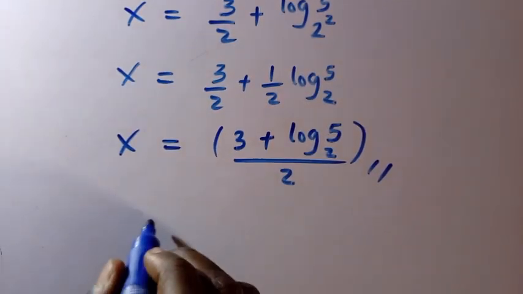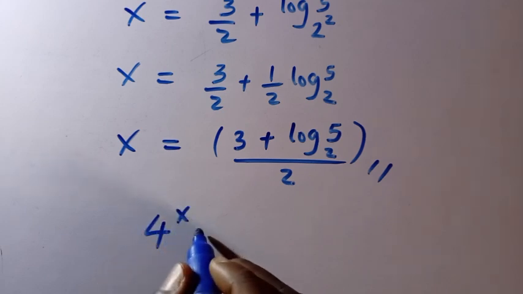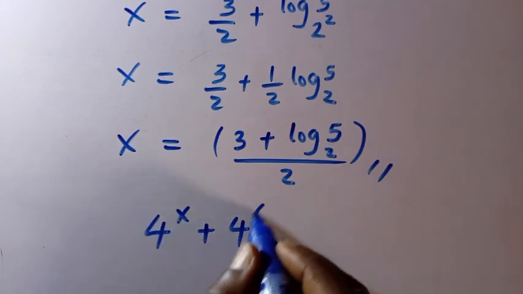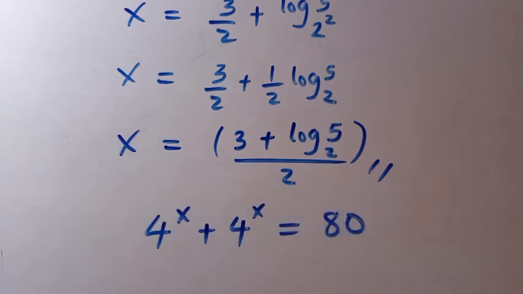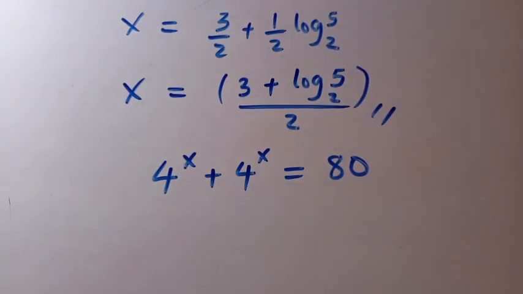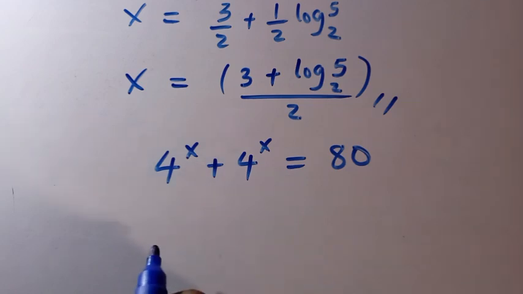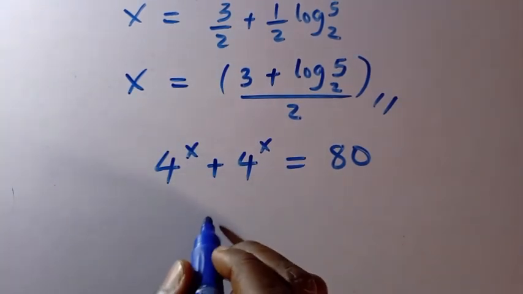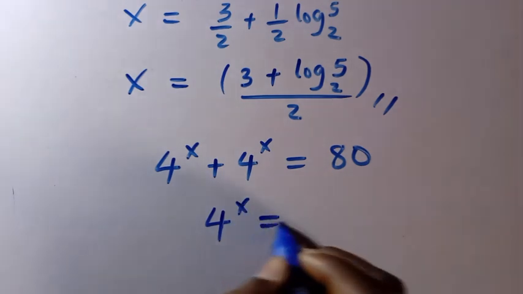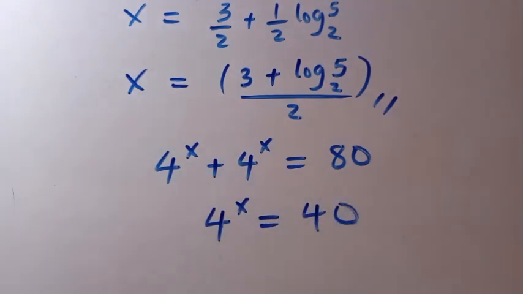And we have to verify, so we have 4 power x plus 4 power x equals 80. But before that, when we add this together, the whole of this is equal to 4 raised to power x equals 40.